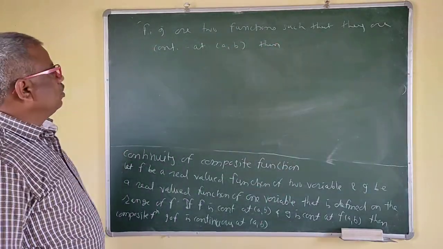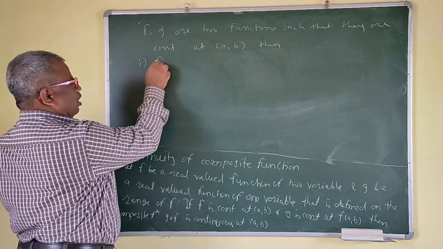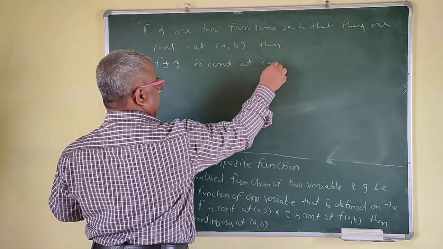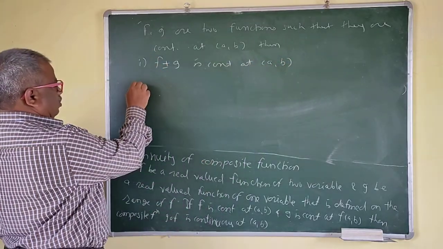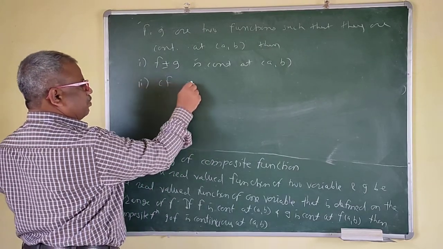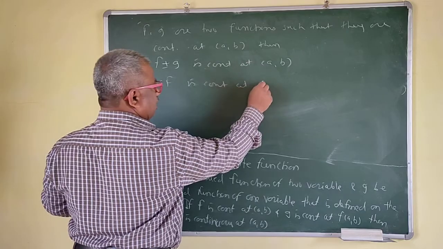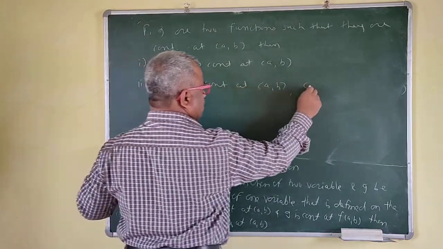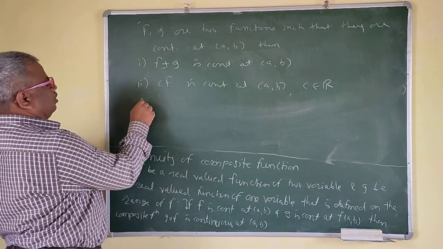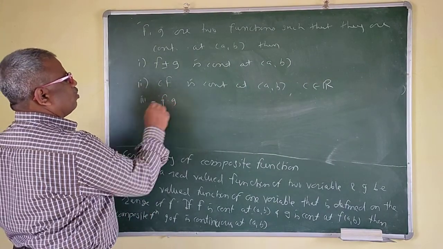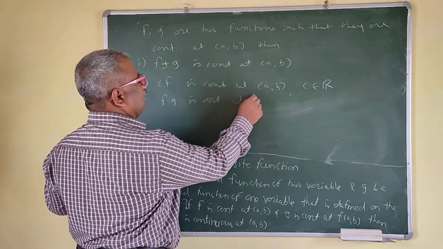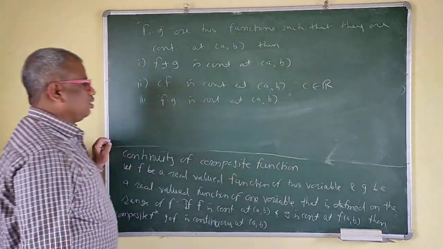Then, one, f plus or minus g is continuous at (a, b). Two, suppose c is some real number, then c times f is continuous at (a, b), where c belongs to R. Third, the product of continuous functions is continuous, so f times g is continuous at (a, b). The product of two continuous functions is continuous.